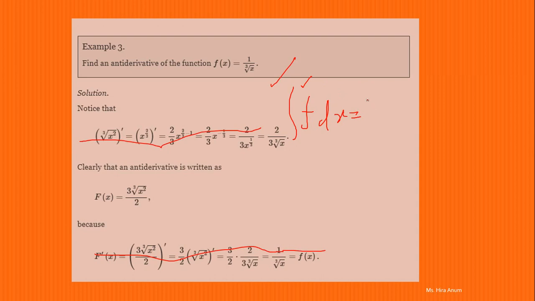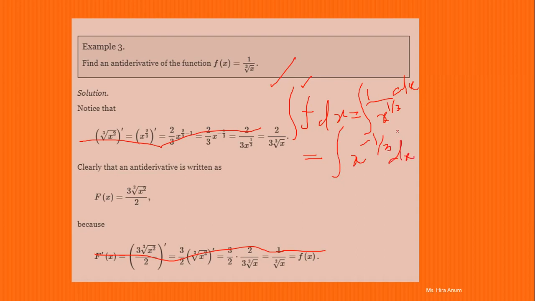The integral of f of x dx equals 1 over x power 1 over 3. We know the power of the radical cube is this, so it becomes this. Taking x to the numerator, it becomes the integral of x power minus 1 over 3 dx.